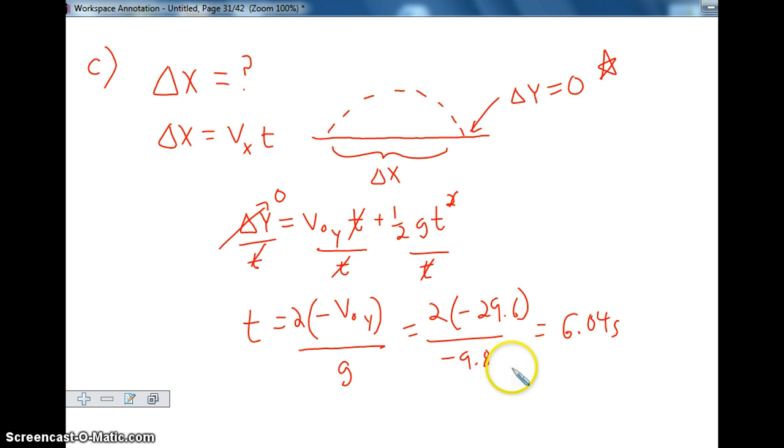And now that we have that, we may plug that in over here to answer what it asks, which is my horizontal range, using 22.2 as the x velocity and the time it takes for the whole entire trip, 6.04 seconds. Plugging those in will give us 134 meters that this ball covered.